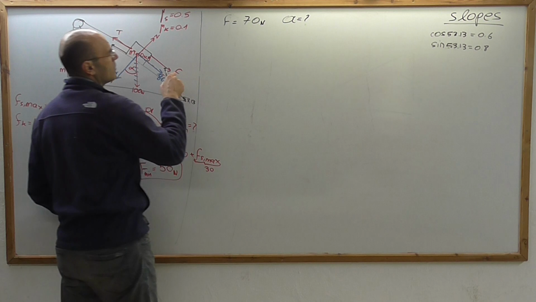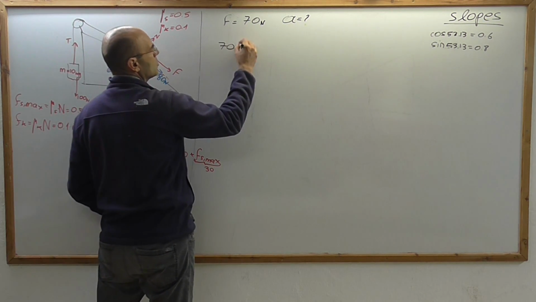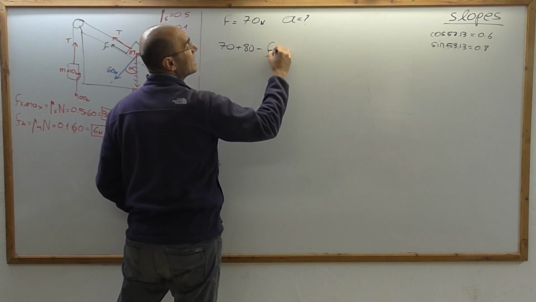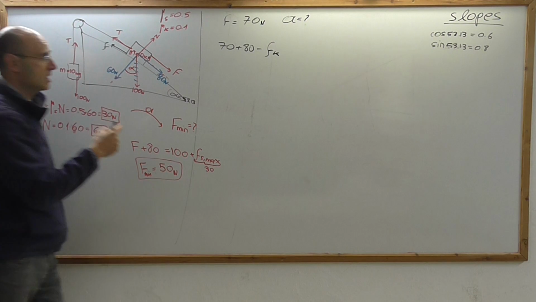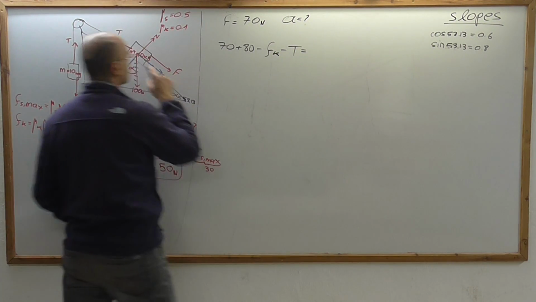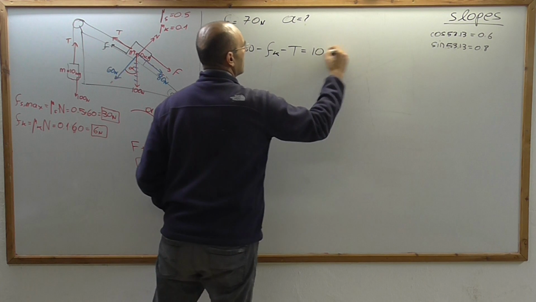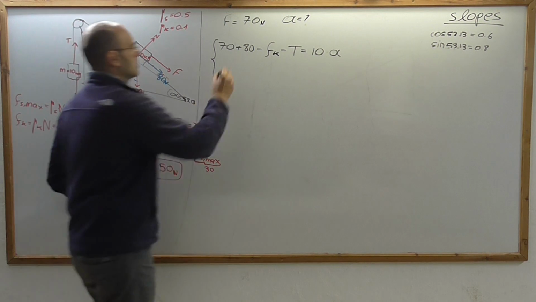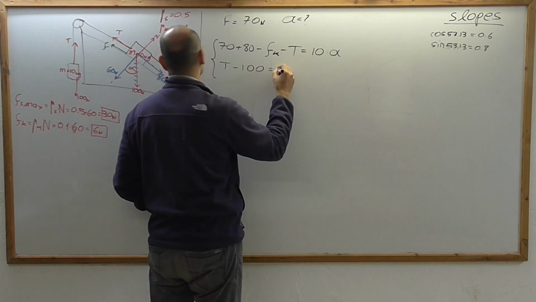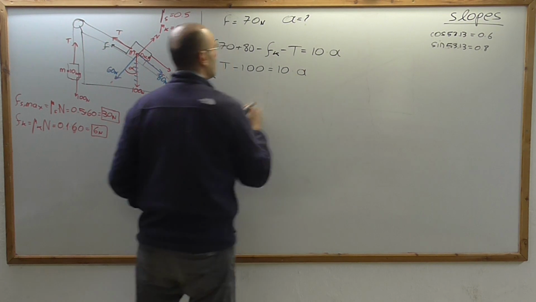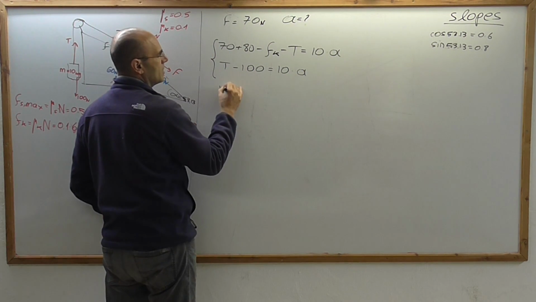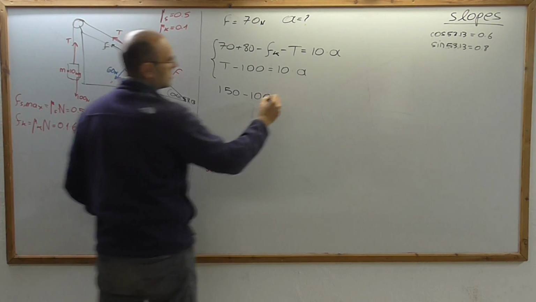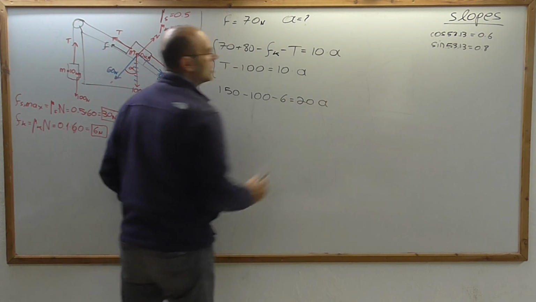In this direction I will have F plus 80, which is 70 plus 80, minus all the forces in this direction, F kinetic, because now it's moving, minus T, equals the mass, which is 10, multiplied by A. And this one will go up, so T minus 100 will be equal to the mass, which is 10, multiplied by A. If I add them up, I will get 150 minus 100 minus the F kinetic, which is 6, equals 20A.